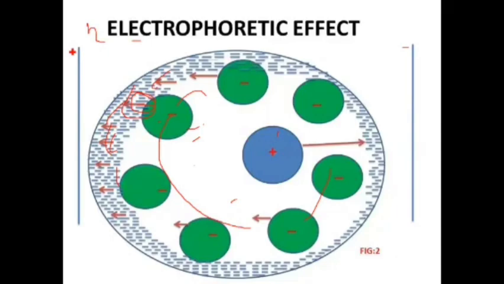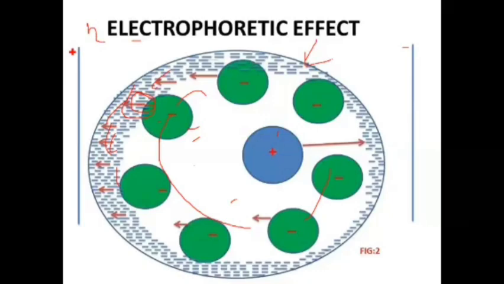So due to the presence of these two effects, automatically there is a decrease in the current and a decrease in the conductivity. That means with dilution, these two effects are reduced, and they are minimum at infinite dilution.